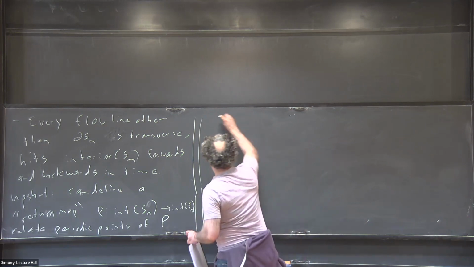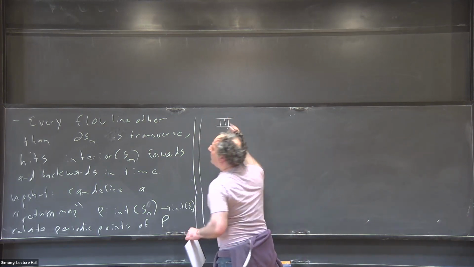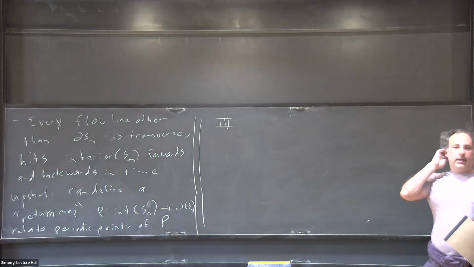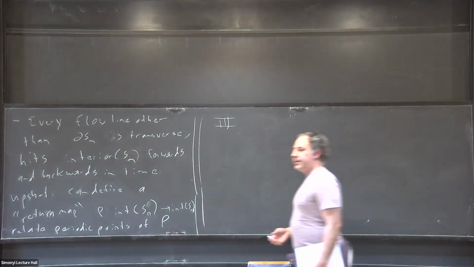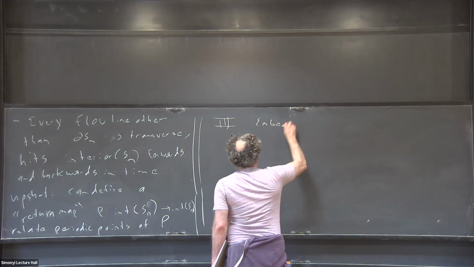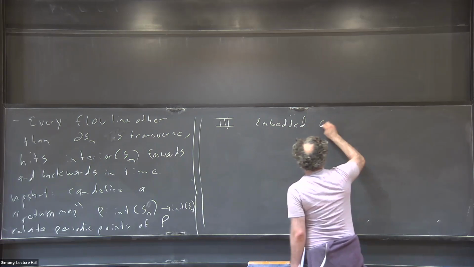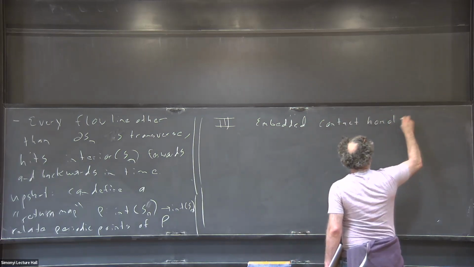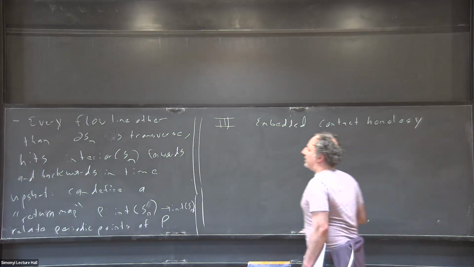Okay. So if there are no further questions, I want to go on to the next part of the talk, which is a kind of crash course on embedded contact homology.